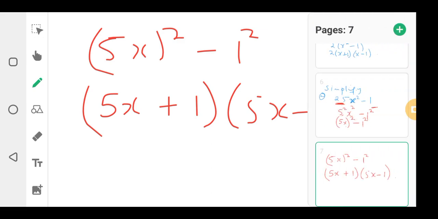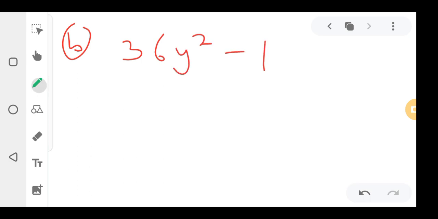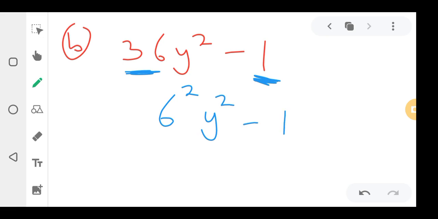Question A rather. Question B, the same question they can bring for you: 36y squared minus 1. You see, the number in front and the number at the end is different. The number in front is 36, the number at the end is 1. Since they are different, what you do first is, what's the square root of 36? It is 6. So you say 6 squared, and y squared, minus 1 squared.